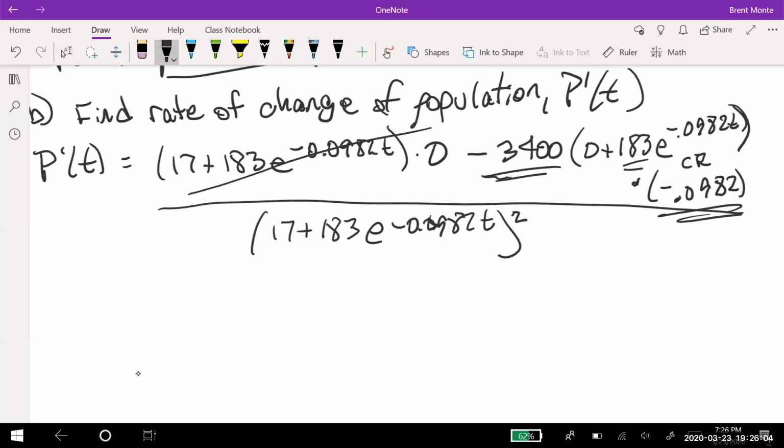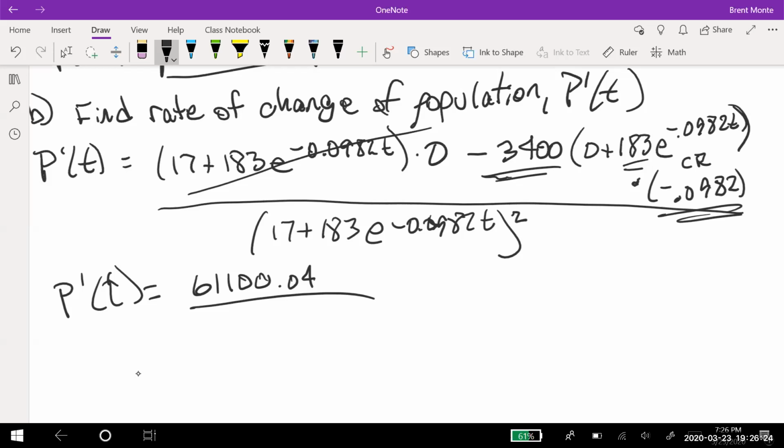And I get about 61,100. So the derivative, P prime of T, is about 61,100. If I care, it's 0.04. And that's not rounded, that's exact.